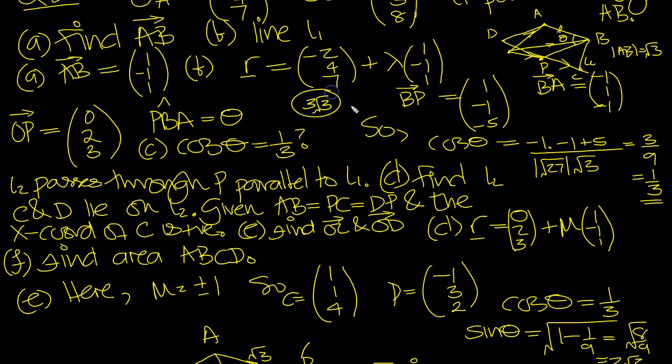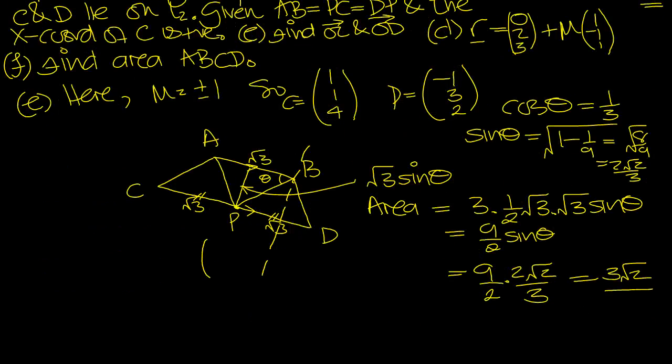If you square that, you get 27. So this side here is 3√3. This is theta. This will be a 90 degree angle. And we've got parallel lines here. So this angle here is theta, isn't it? So this height H is equal to 3√3 sine theta as far as I can see.